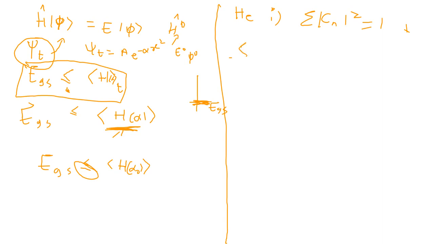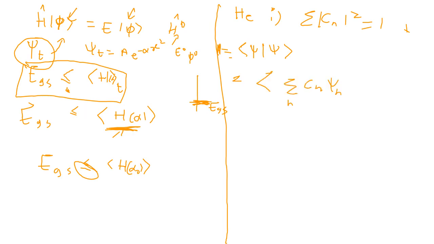Just to revise, say that your trial wave function, because these original wave functions were complete, you could expand them in terms of the orthonormalized wave functions. I did this on Monday, so I'll be quick.